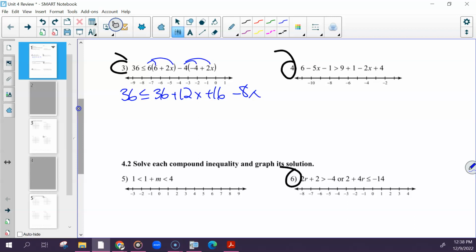Combine your like terms on the same side. Do whatever it says. 36 plus 16, 12 minus 8. Then start to solve for x. Get rid of the 52 by subtracting it to the other side. And divide both sides by 4.